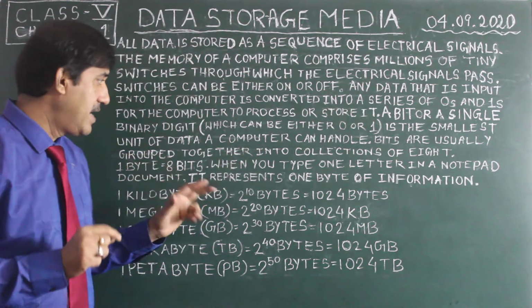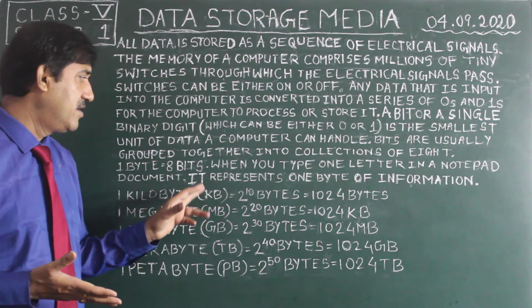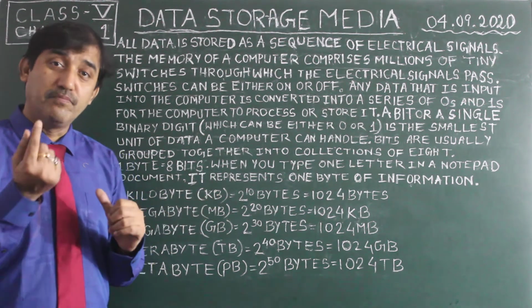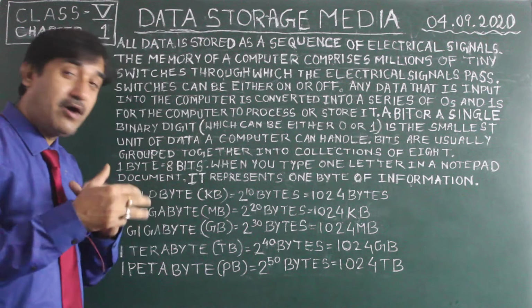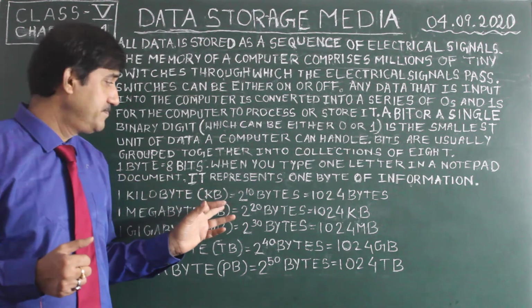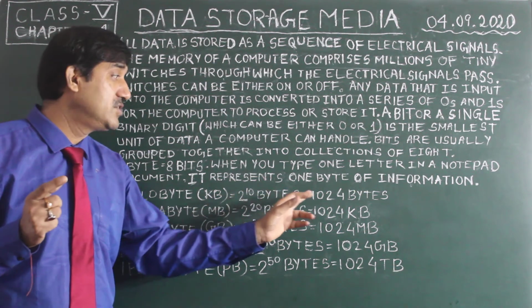And now here come the units. Bit you have understood, 0 and 1. Now how the units are formed. 1 kilobyte, KB, is equal to 2 to the power 10 bytes, which is equal to 1024 bytes.